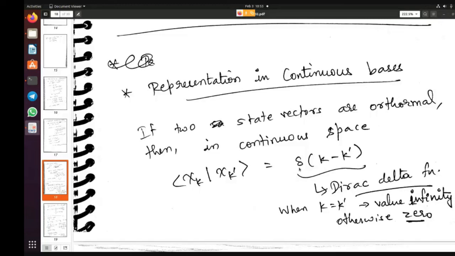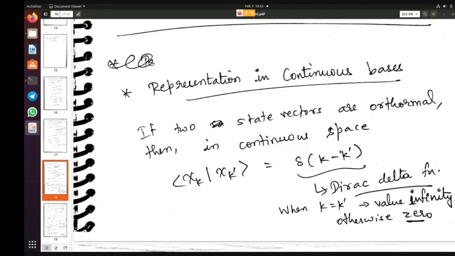space, you represent it by the Kronecker delta, which is delta nm. But in the continuous space, you have to represent it in this manner, delta of k minus k dash. This is called a Dirac delta function.